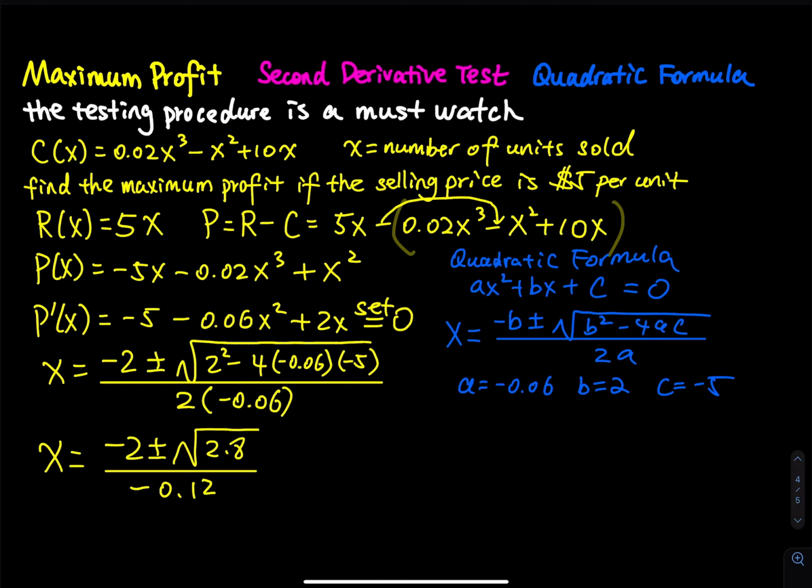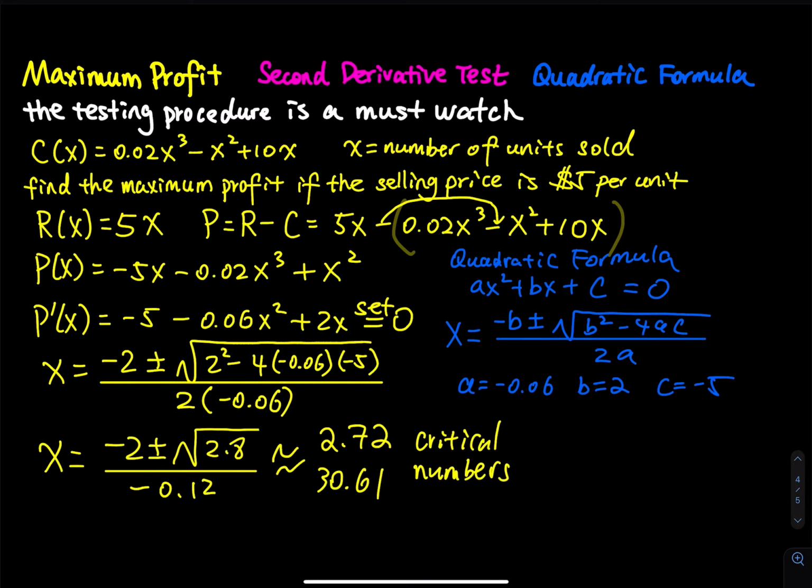You have to consider both the plus and the minus, because they give you two critical numbers that satisfy the problem. So you will get approximately 2.72 and 30.61. They are approximations. So you get two critical numbers, and they are both critical numbers.